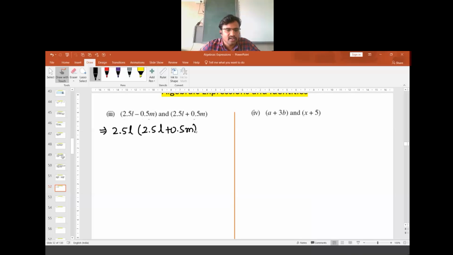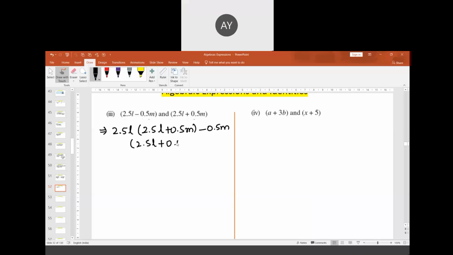Two decimal places. 25 times 25 is 625, so 6.25. Here I was making a mistake. This should be minus. Here minus is there. Minus 0.5 m to be multiplied with 2.5 L, plus 0.5 m.